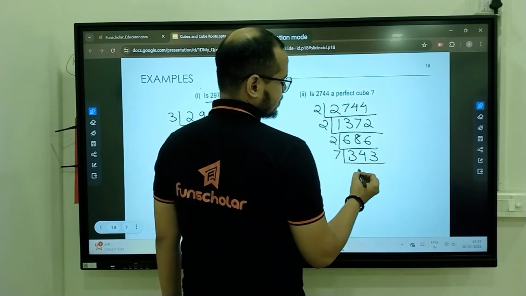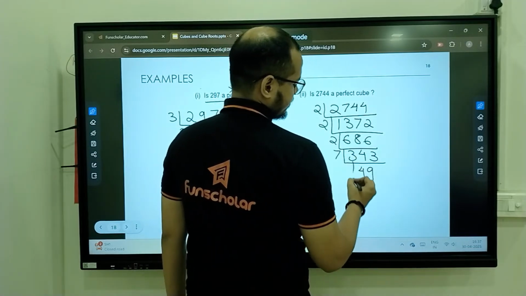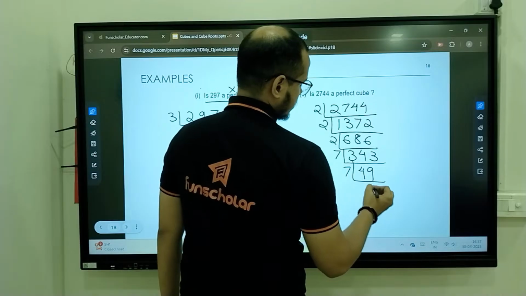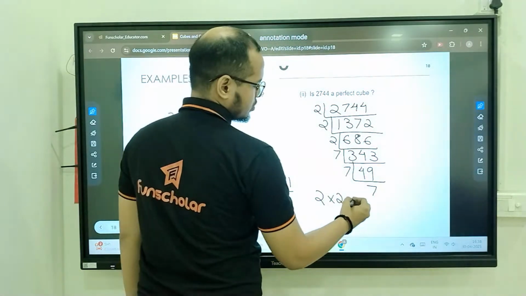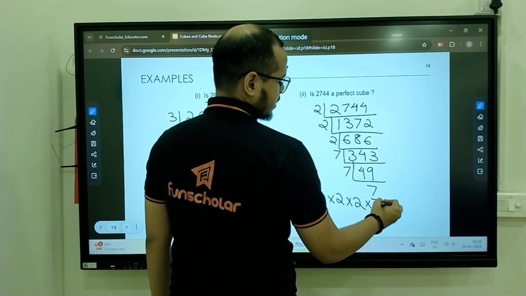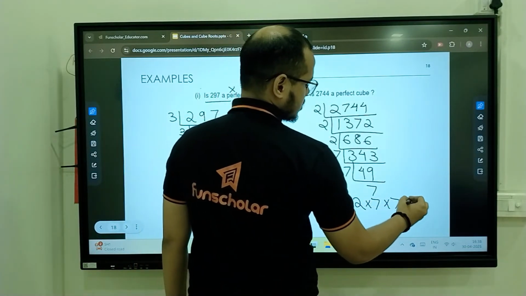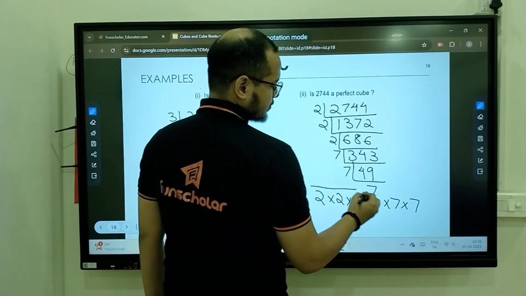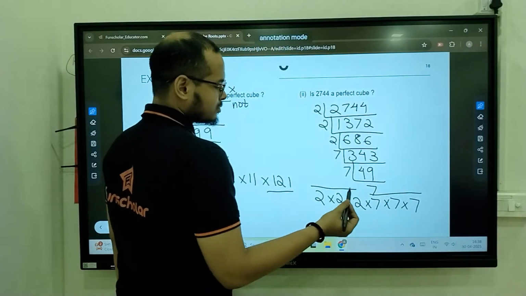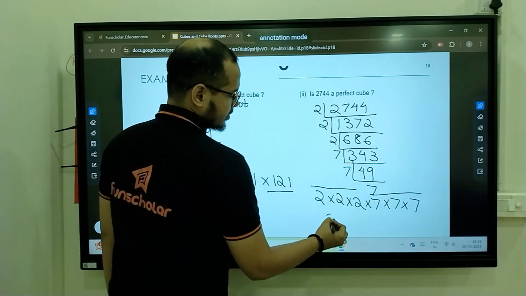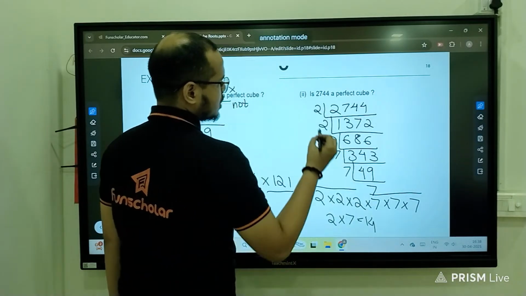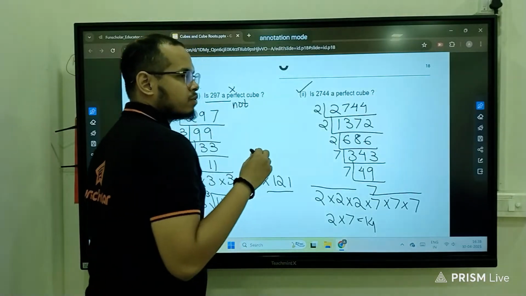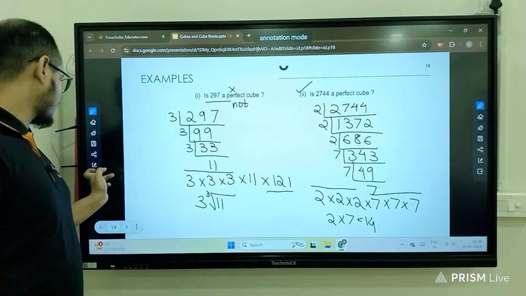So 7 times 49, 7, 7, 7. So we are getting 2 into 2 into 2 into 7 into 7 into 7. Now let's make groups of 3. So we are getting 2 into 7, and the answer is 14. Thus this is a perfect cube of 14.